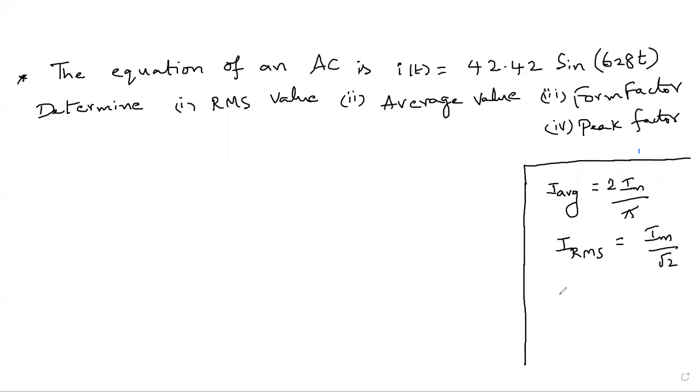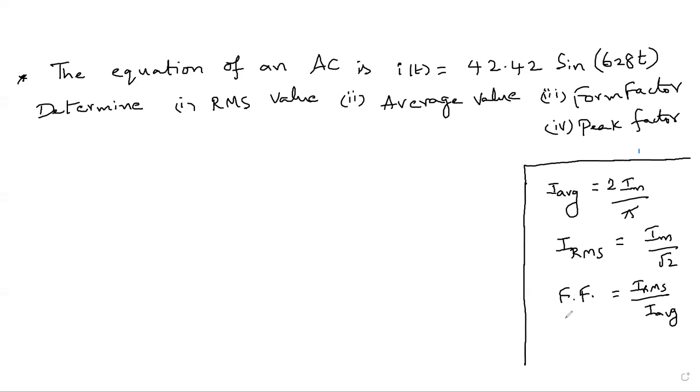Then the form factor, pi by 2 root 2. Pi by 2 root 2 in the sense, before that we have one formula, that is RMS value by average value.